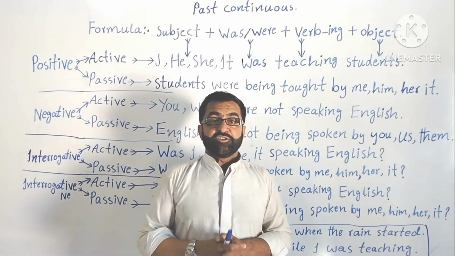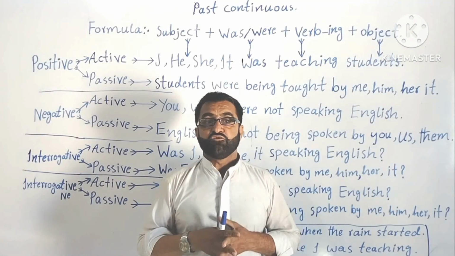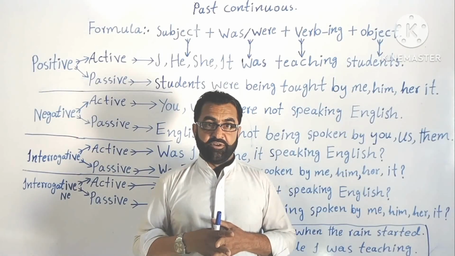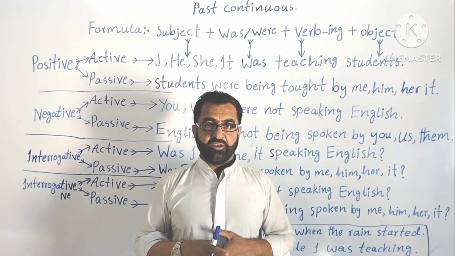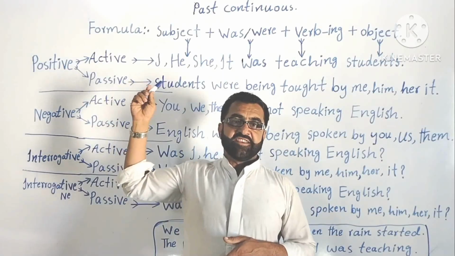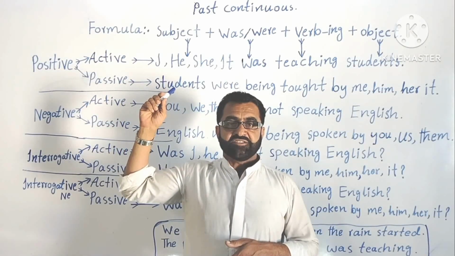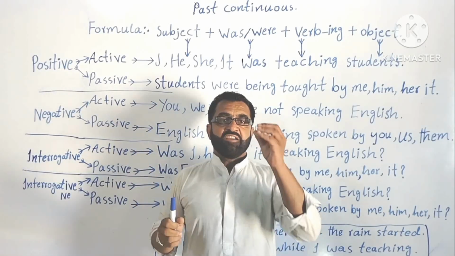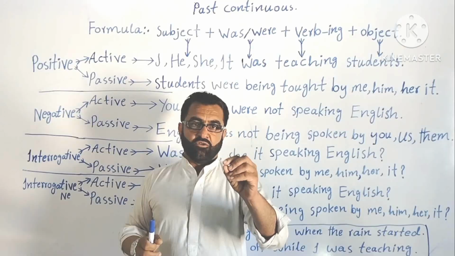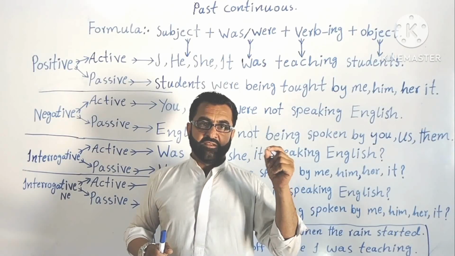Now let's go to the formula of passive voice. How a passive voice is framed in past continuous. I said four things are needed to frame a sentence of past continuous, but in passive voice five things are needed. One element is extra.